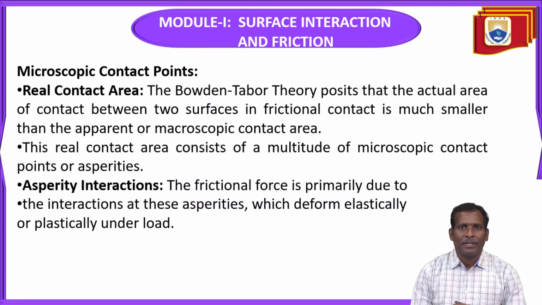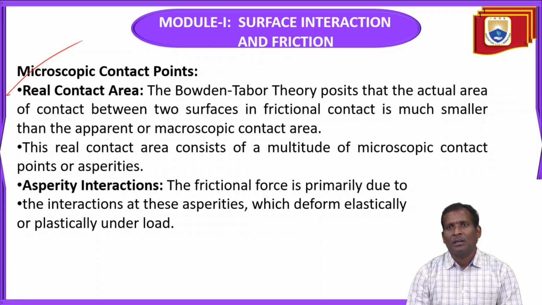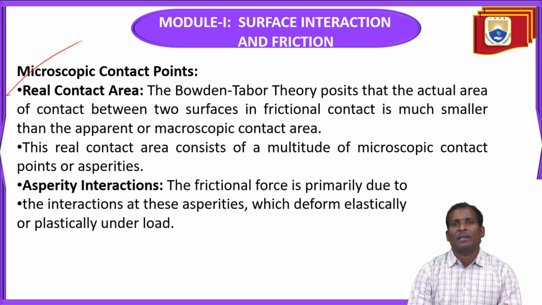Microscopic contact points, that is, the real contact area. The Bowden-Tabor theory posits that the actual area of contact between two surfaces in frictional contact is much smaller than the apparent or macroscopic contact area.